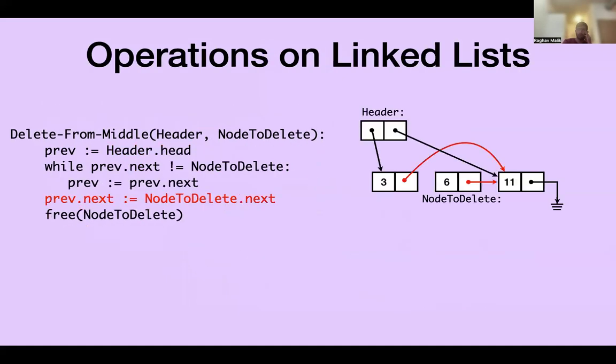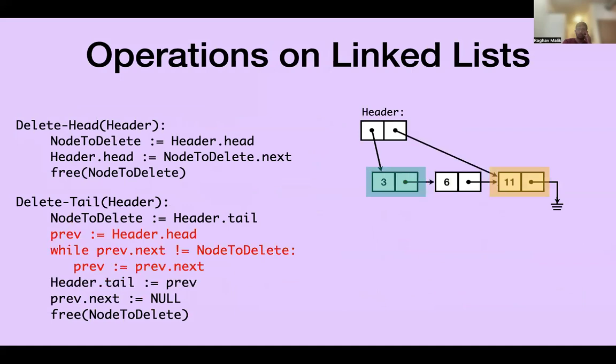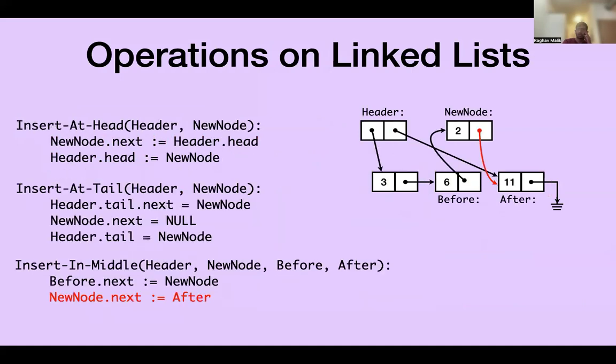If I scroll back, okay, like insert in the middle. Although for this one, I'm assuming that you have the before and an after. But in general, if you try to just insert a node into the list, if you happen to insert it at the head, but you didn't know a priori that you were going to be inserting it at the head, you won't by default update the header dot head.